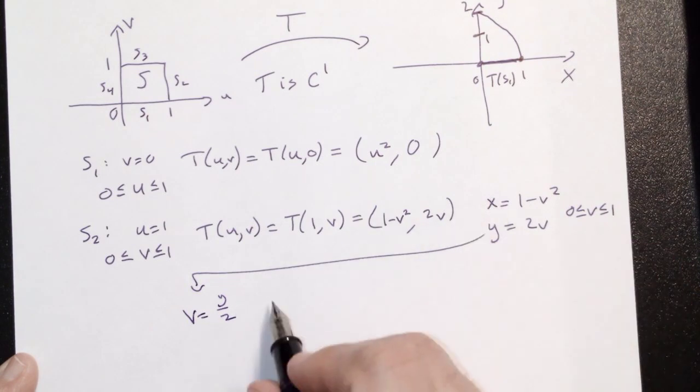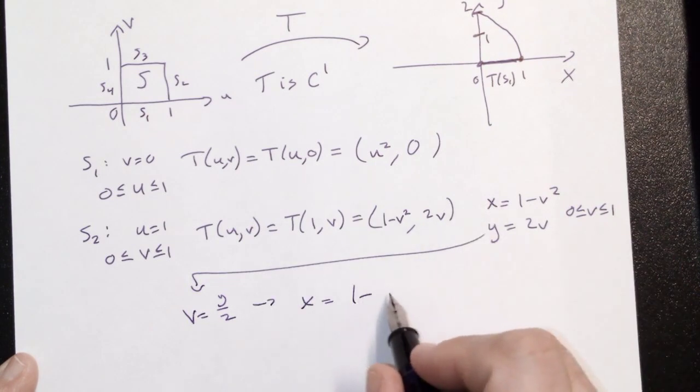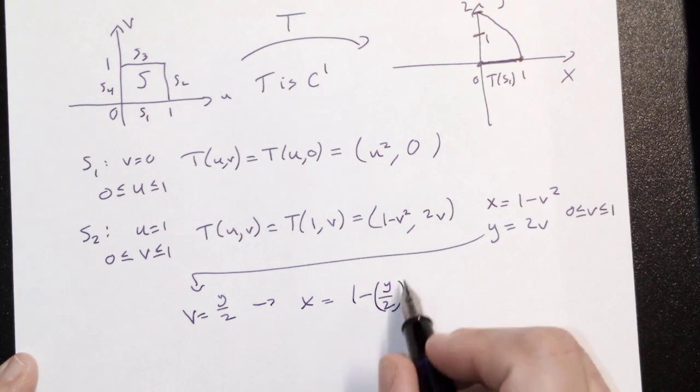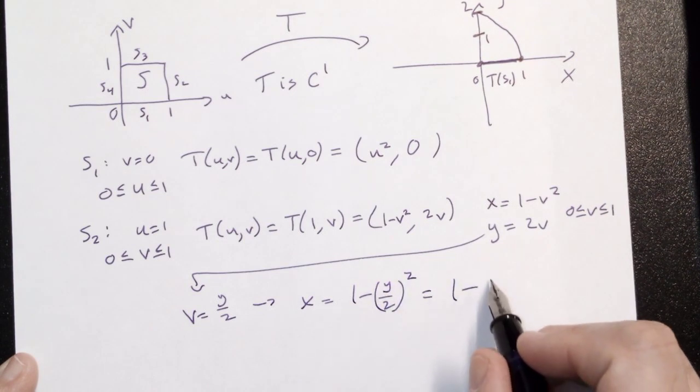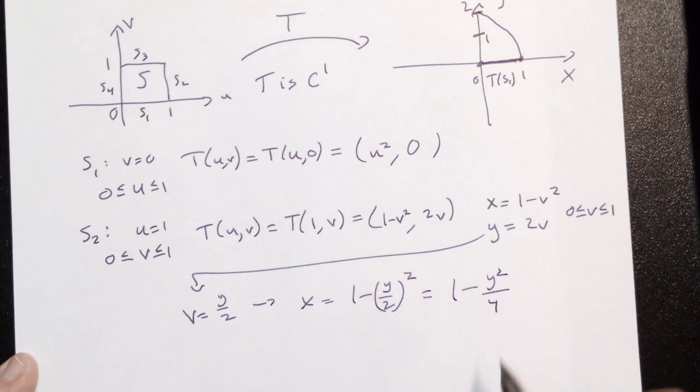And then when I put that into the other one, I get x equals 1 minus (y over 2) quantity squared, or 1 minus y squared over 4. That is a parabola. It's a parabola that opens to the left, which is exactly part of what I drew, isn't it? Hot darn.